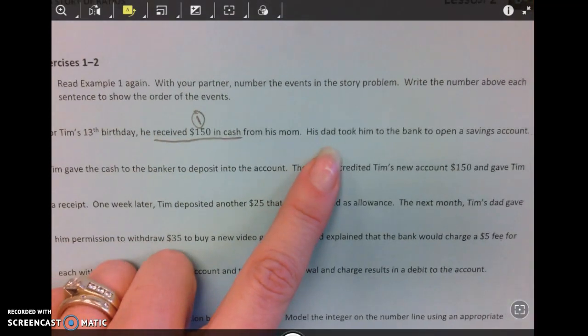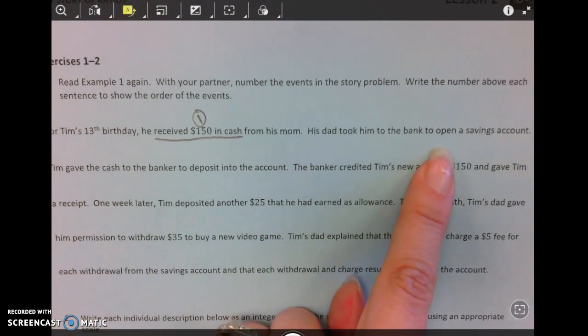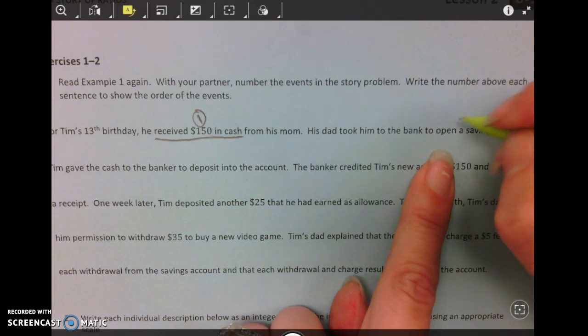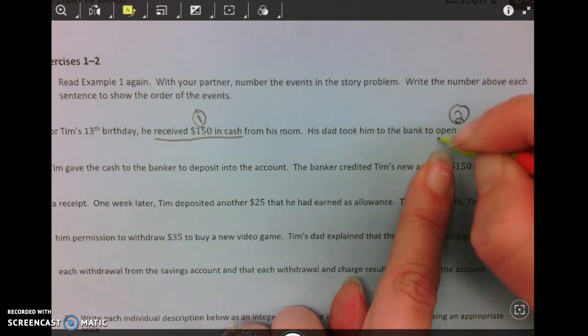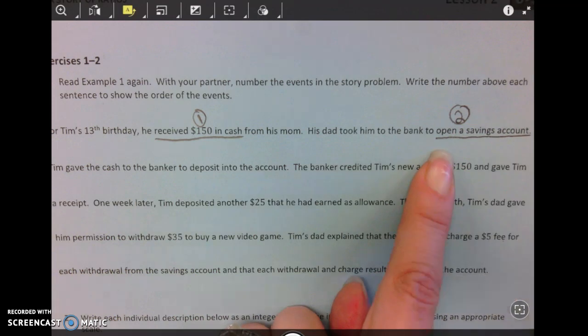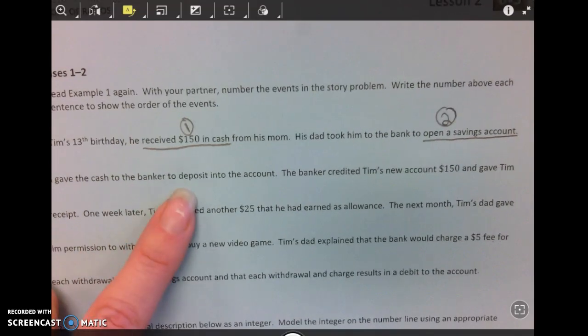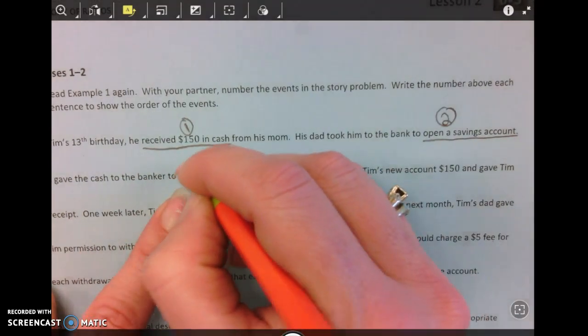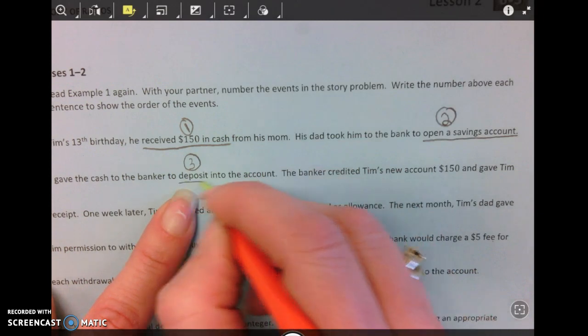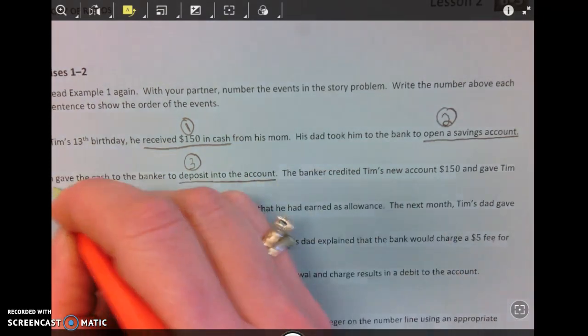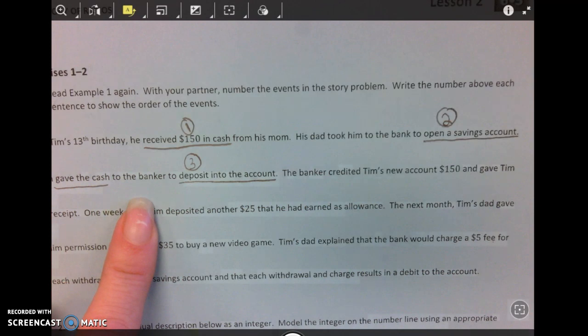His dad took him to the bank to open a savings account. So that's event 2, opening a savings account. Tim gave the cash to the banker to deposit into the account. So step 3, he deposited into the account by giving the cash to the banker.